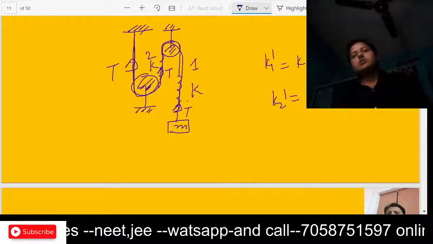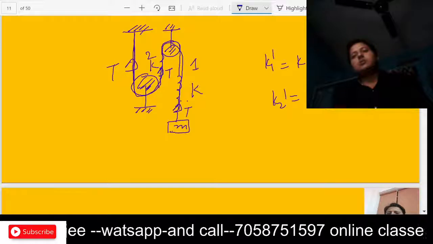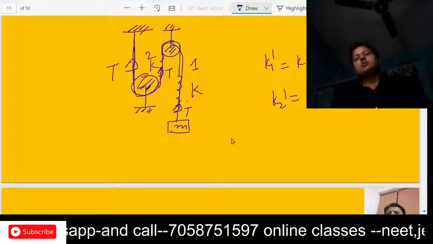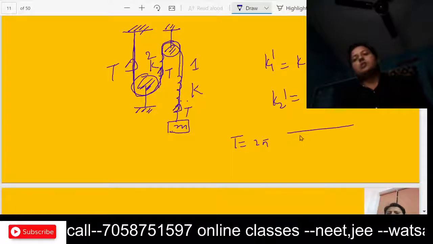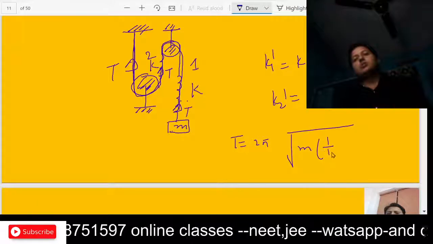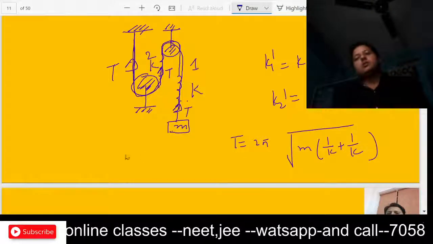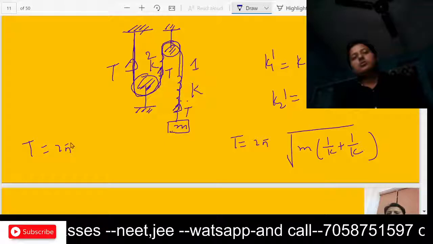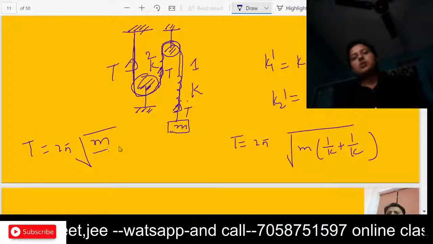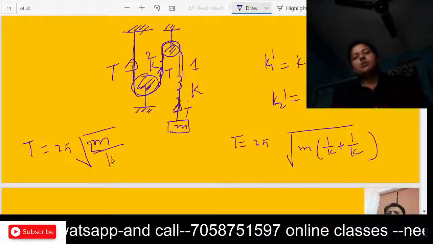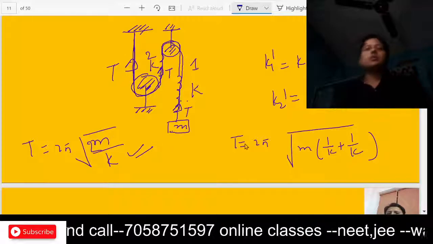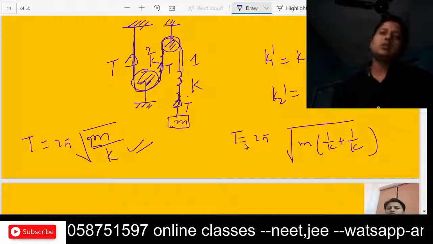K2 dash is also K times tension in mass over tension in spring, whole square. So time period will be 2 pi under root m times 1 over K plus 1 over K. That is T equals 2 pi under root 2m over K. So this is the required answer.